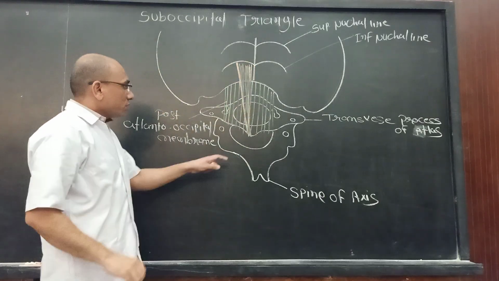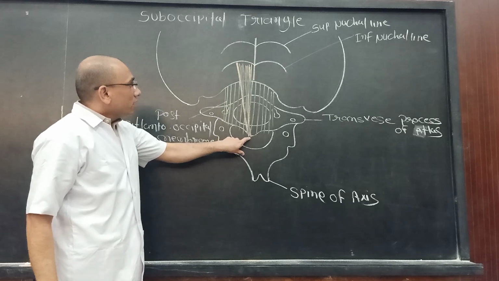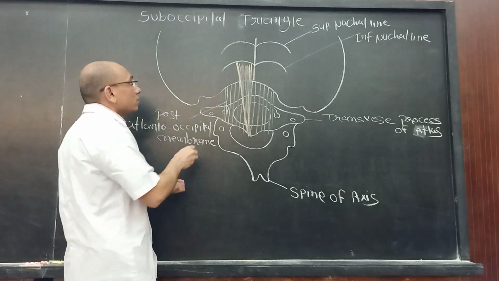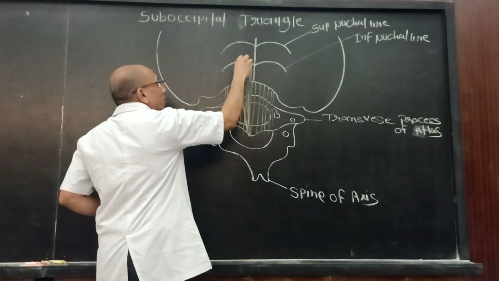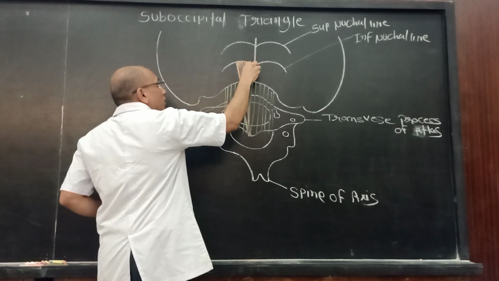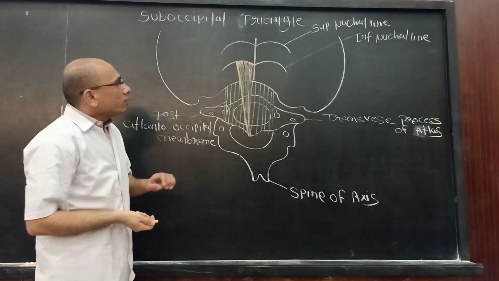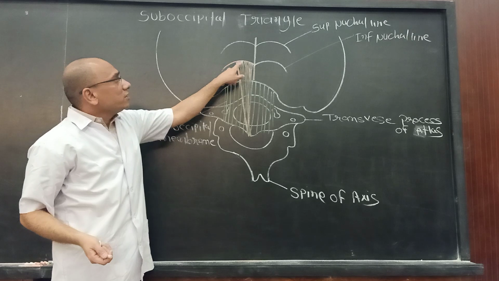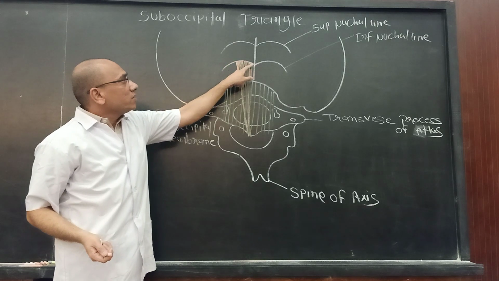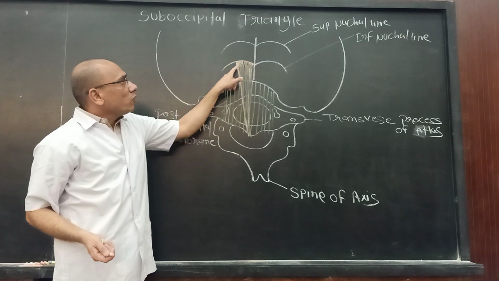Muscle which origin from the posterior tubercle of atlas and inserted on medial part of the inferior nuchal line and area of the bone below it.